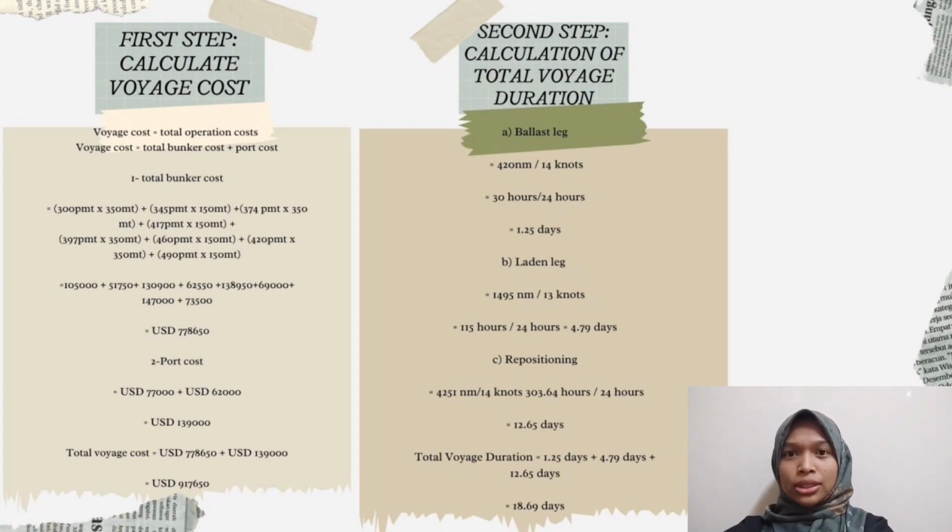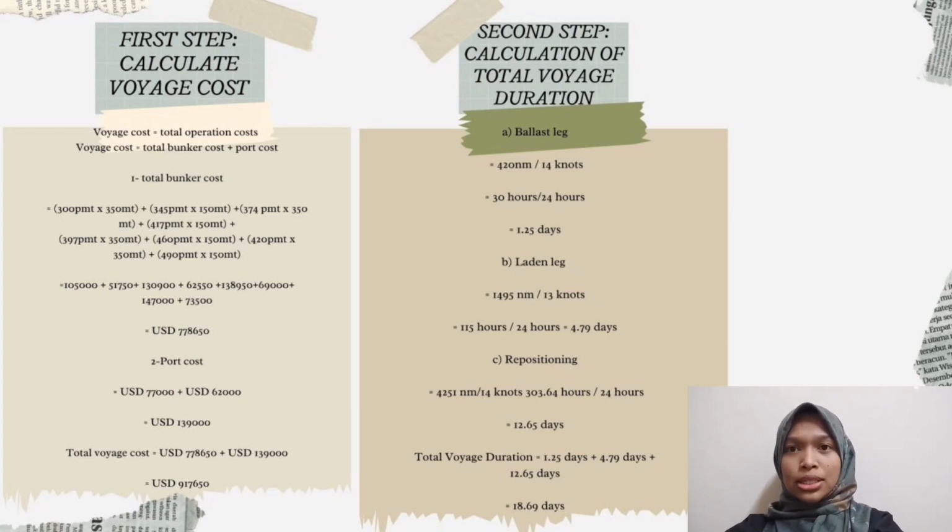First, for total bunker cost, 300 multiplied by 350 plus 345 multiplied by 150 plus 374 multiplied by 350 plus 417 multiplied by 150 plus 397 multiplied by 350 plus 460 multiplied by 150 plus 420 multiplied by 350 plus 490 multiplied by 150 equals USD 77,8650.